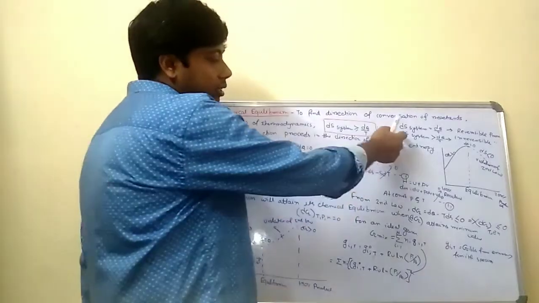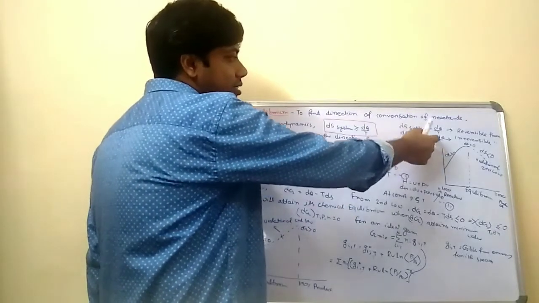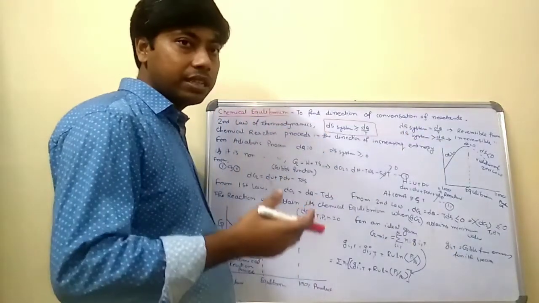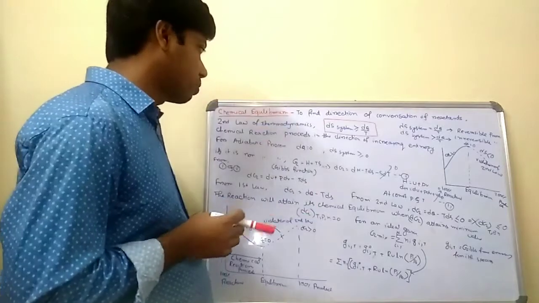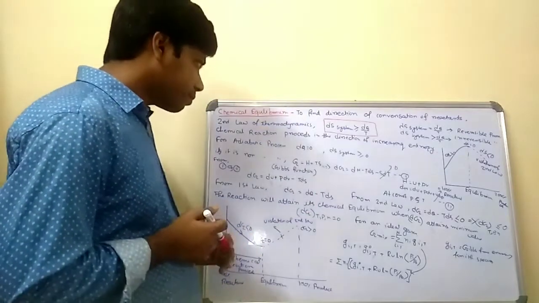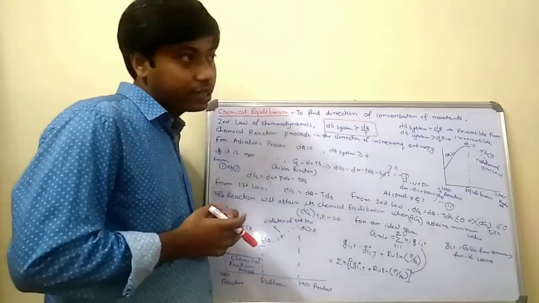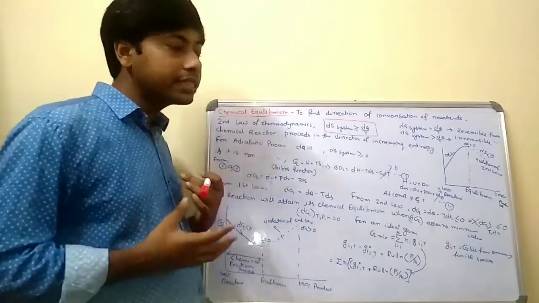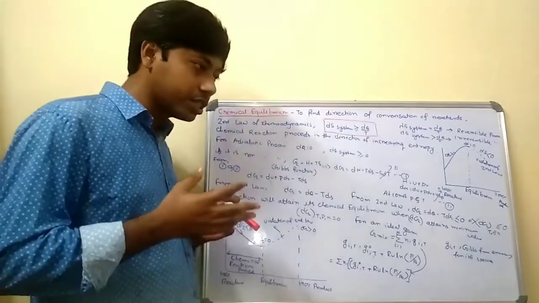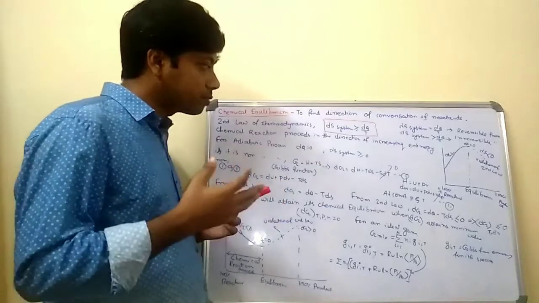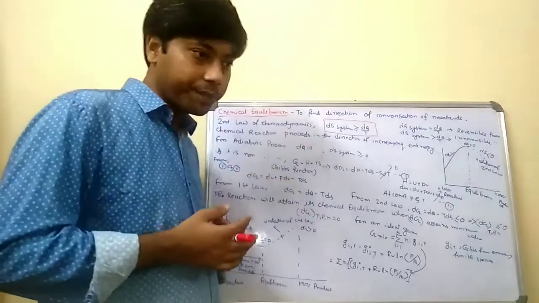And if dS system is greater than dQ by T, the process is called an irreversible process. From earlier classes we know that chemical reactions proceed in the direction of increasing entropy.